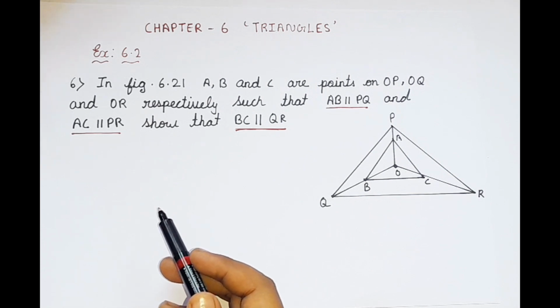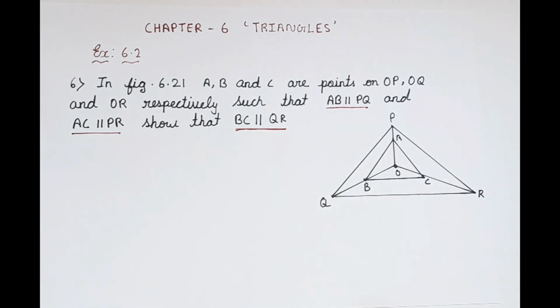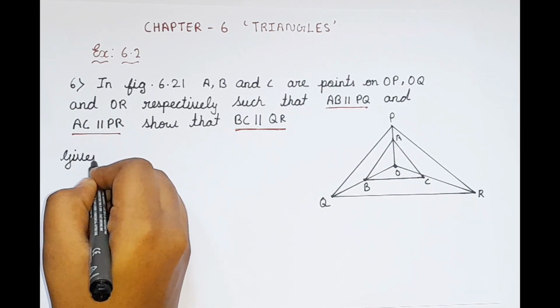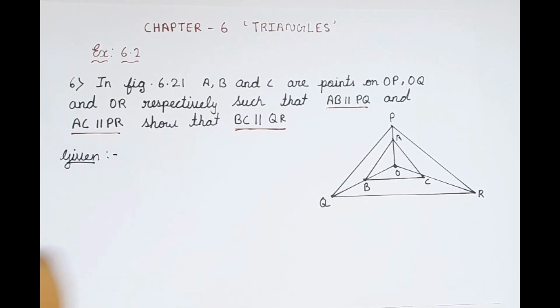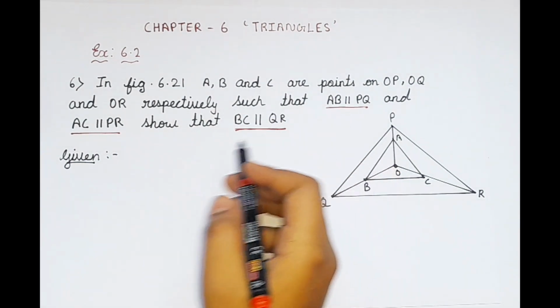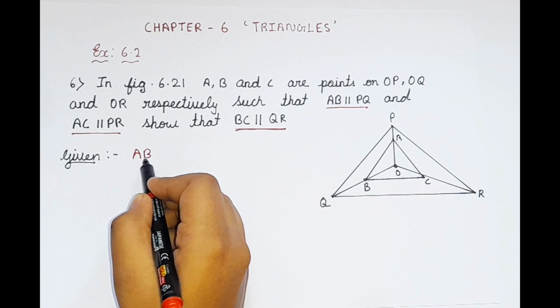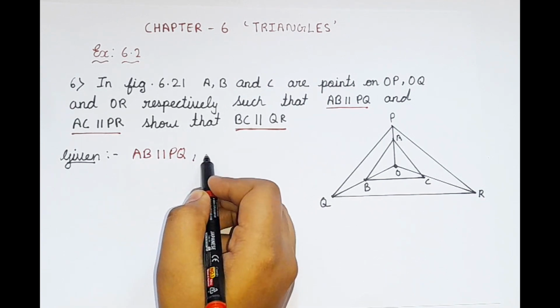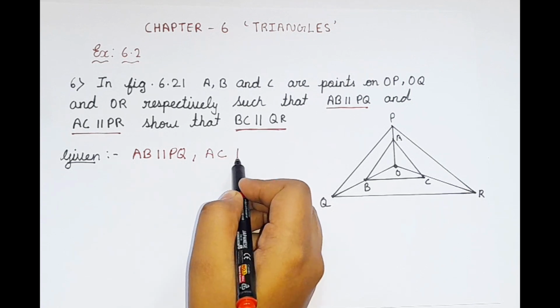First, let us write given. No need to worry about anything, just write the given values and what we are supposed to prove. So what is given? This is already given in the question: AB is parallel to PQ, comma, AC is parallel to PR.